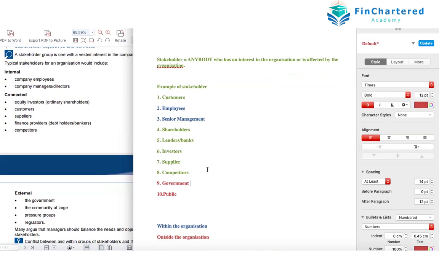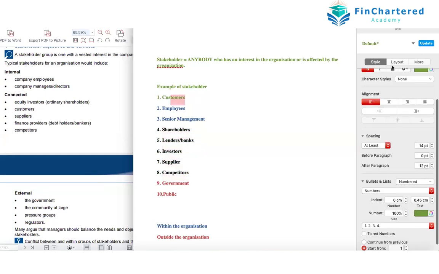Then in black, let me change the color. In black are those people who are outside, but every now and then they are getting in contact with us. For example, customer. Let's assume the student is the customer.